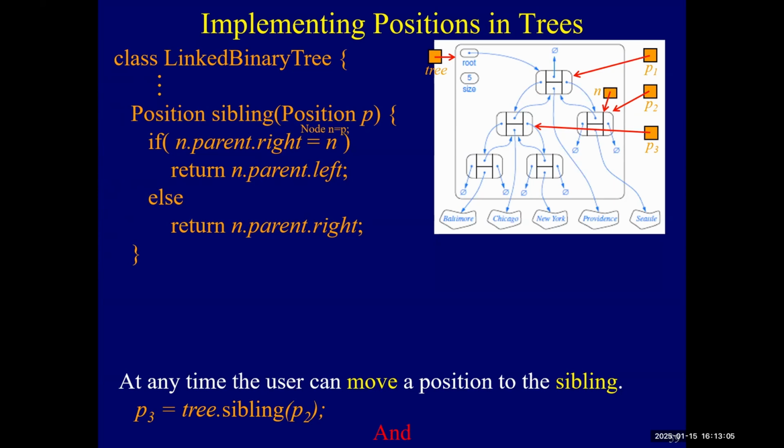And the code is a little trickier than before, right? Because if I'm on the right, then I want to return the left, and if I'm on the left, I want to return the right. You know what I'm saying? If I am my parent's left child, right? So look at our code here.